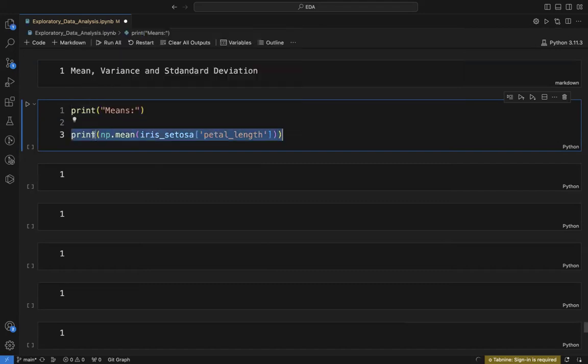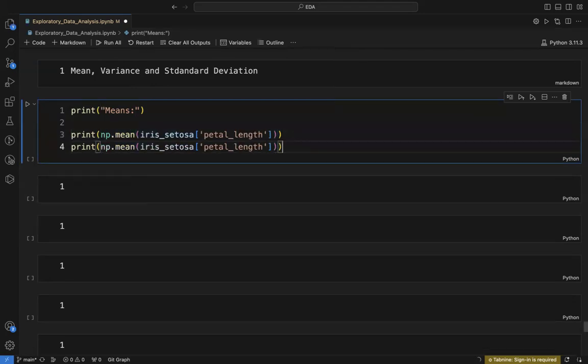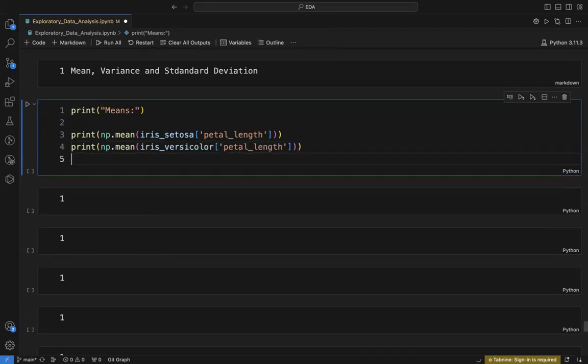I'm just copying this line of code and pasting it here. And simply I'm going to change iris Setosa to iris versicolor. Thereafter, again I'm copying this code and this time I am changing Setosa to iris virginica.